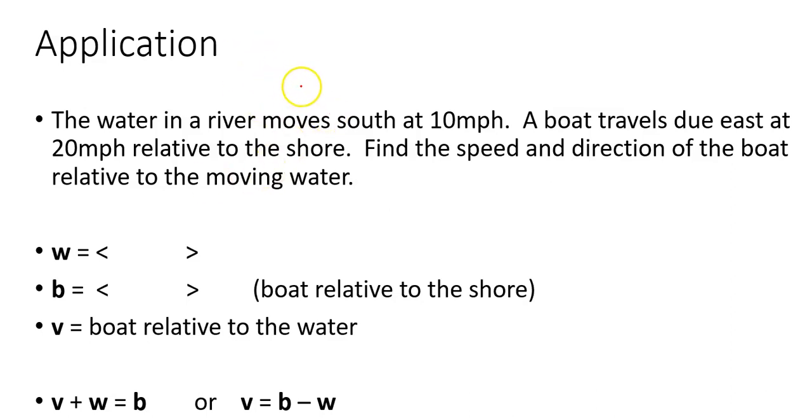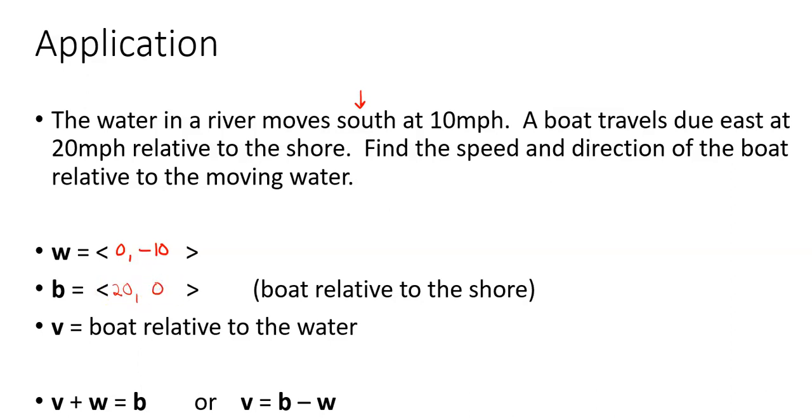So if the water is moving south, that means the second component is negative. So the water is moving in that direction. All right, the boat's traveling due east, 20 miles an hour relative to the shore. So east is the first component, and it's not moving north or south at all.